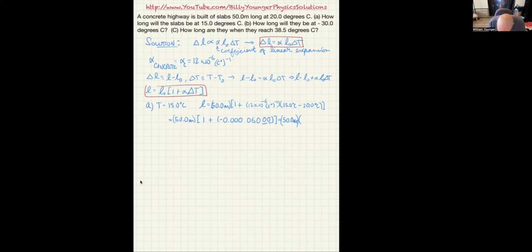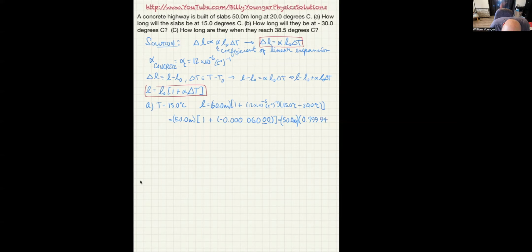So in some sense, when we do the subtraction, we're going to get ultimately a lot more sig figs. So I'm going to do 1 plus this negative number, and that's going to give me 0.999, again a pod of 3, and then 94.